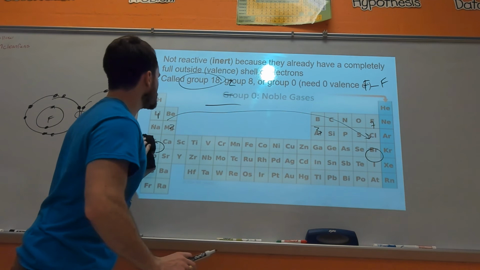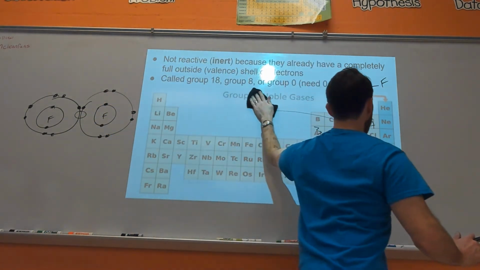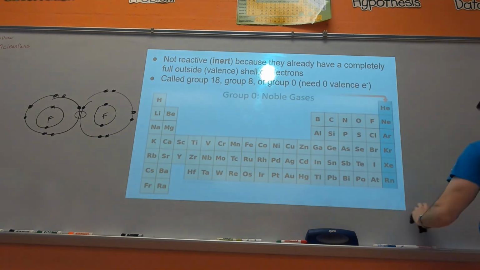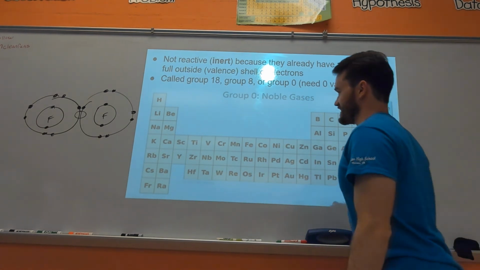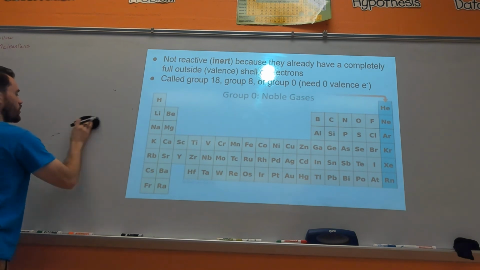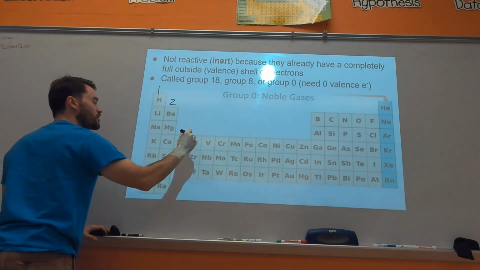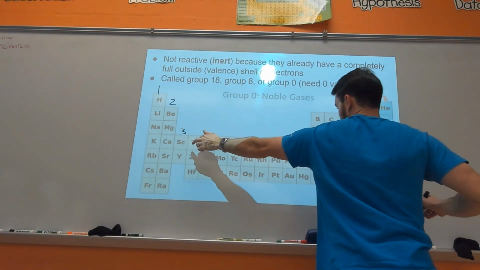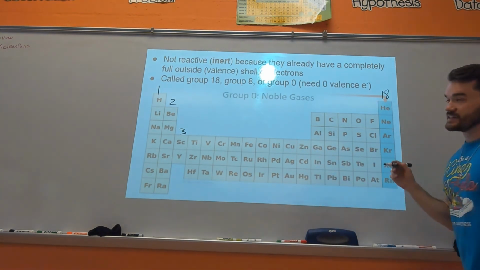Anyways, going to the next group. This one has 4 names really: the noble gases, aka group 0, aka group 8, aka group 18. The reason they're called group 18 is because if you go 1, 2, and include the transition metals, counting the columns of the transition metals, you would get to 18.